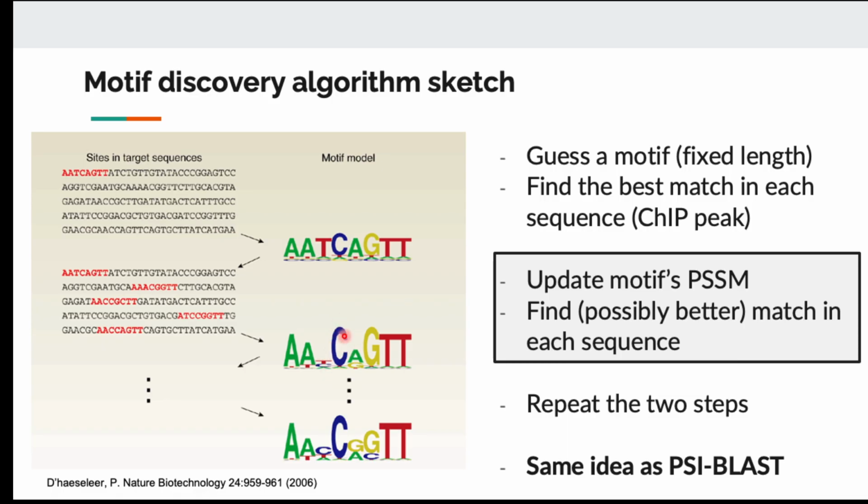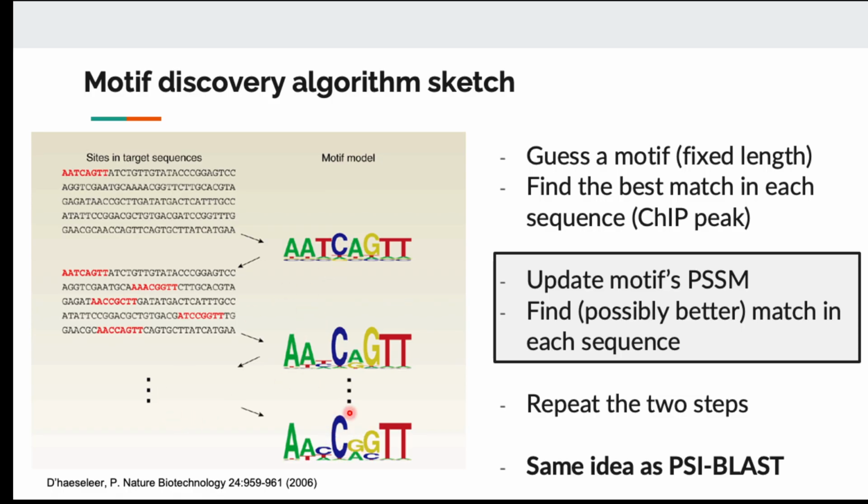The fourth position is always C. Once you are able to identify the best match in every sequence, you can combine them to generate this kind of frequency table. And once you have this frequency table, which is more detailed than the original motif, now you have the frequency data. You can go back to the sequence and search again. Can I find a better match to this profile in my data?